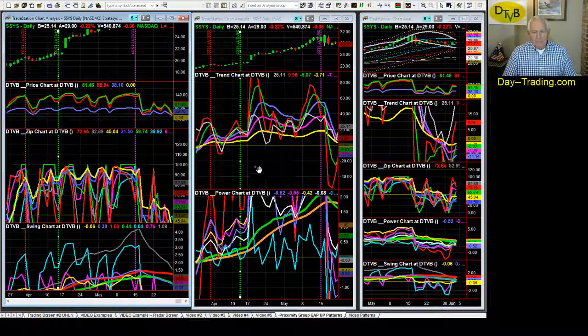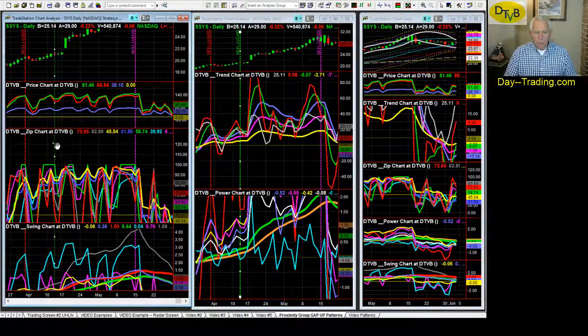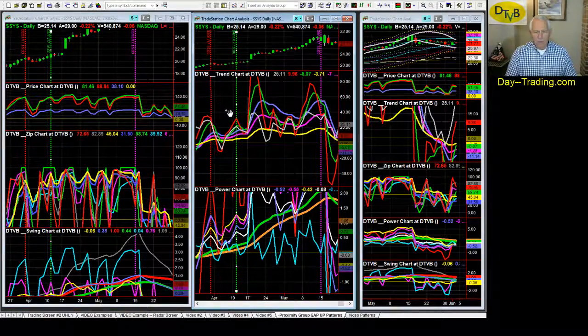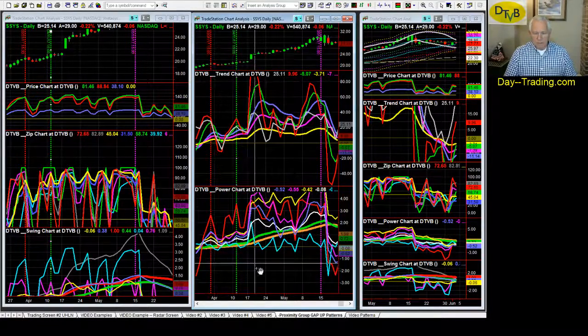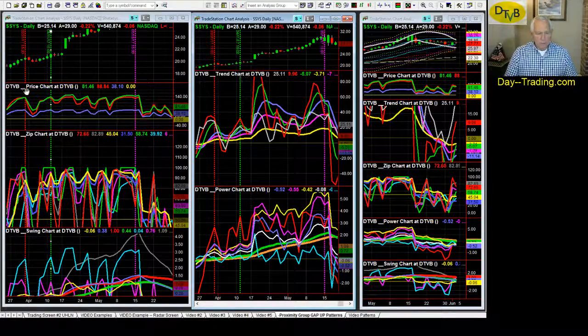Now, that's one example. What was happening, we were sitting here on this day right here with the green vertical candle on a high with Zip Pink highest.